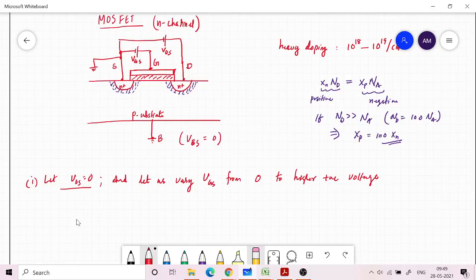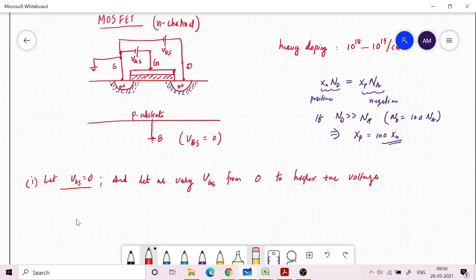This is something that we have already studied with reference to the MOS capacitor, because if VDS is 0 and then we are applying VGS, it is something like applying a VGB, because source and bulk are at the same potential. So when you increase the gate voltage, it will just function like a bulk.